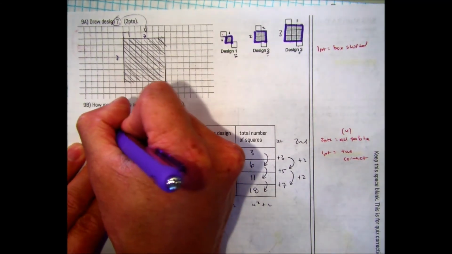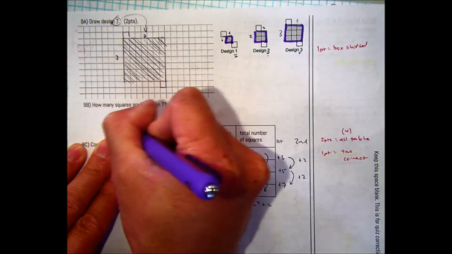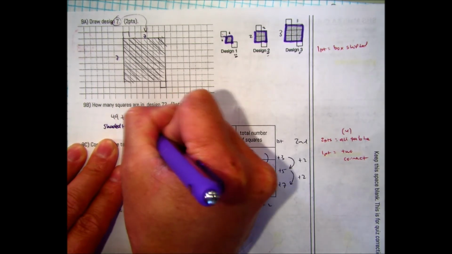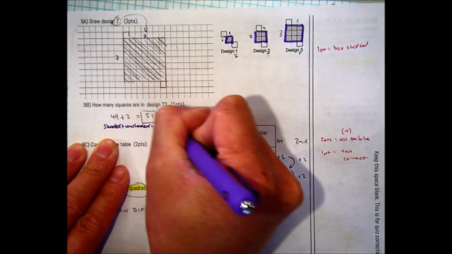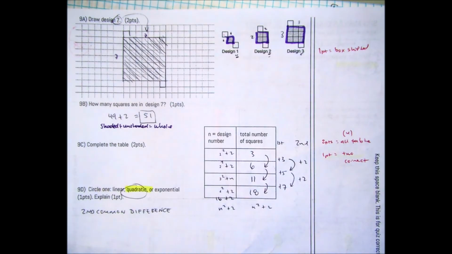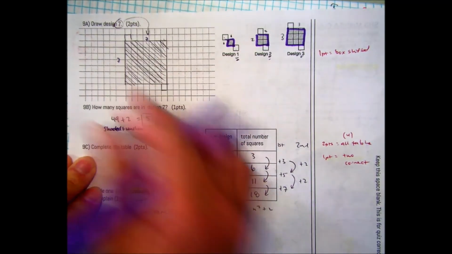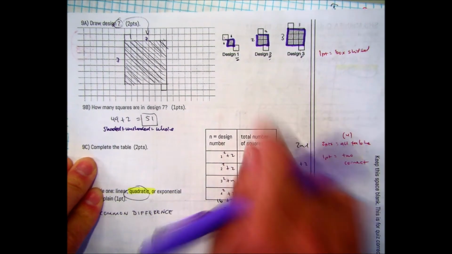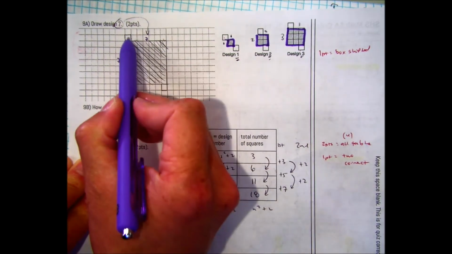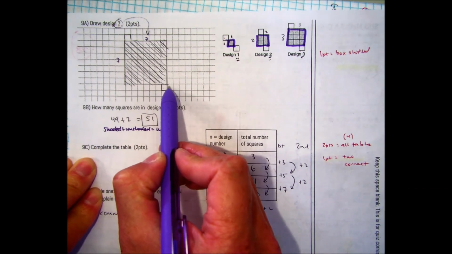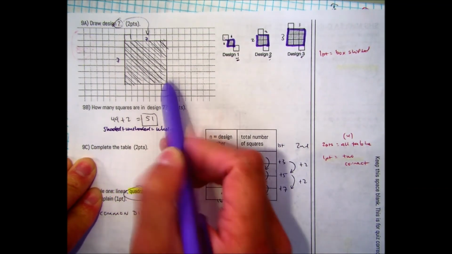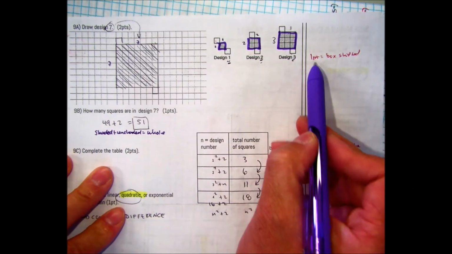So we can call it 49 shaded ones plus 2 unshaded equals our whole. Our whole is 51. So I gave you 2 points for drawing this. If you drew the white boxes like one over here and one over here, or some awkward position like onto the right side, I gave you guys 1 point.